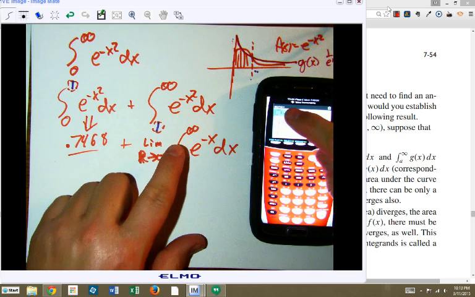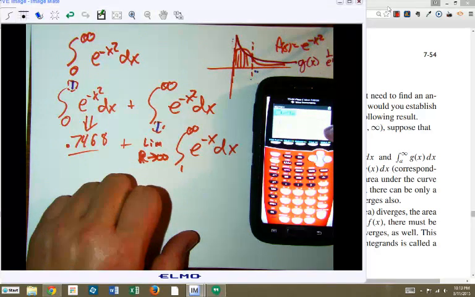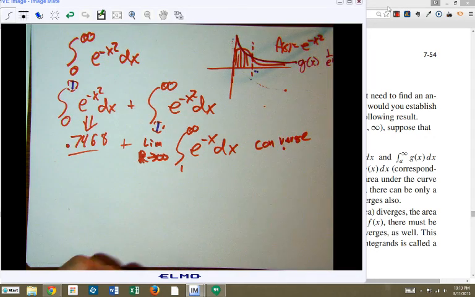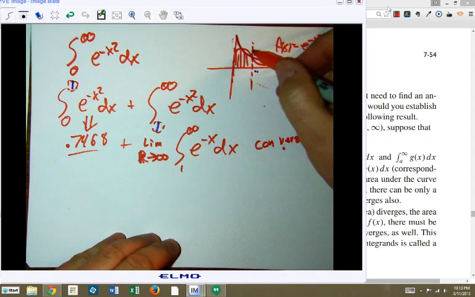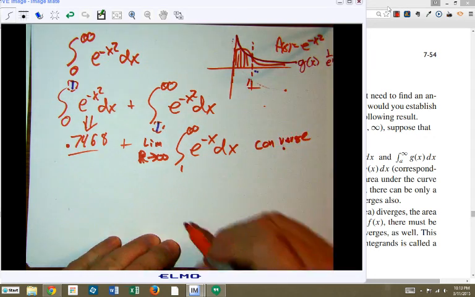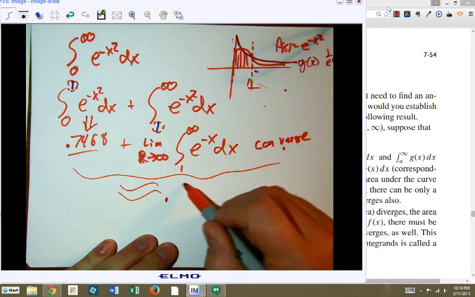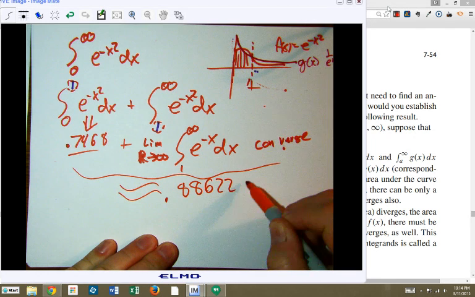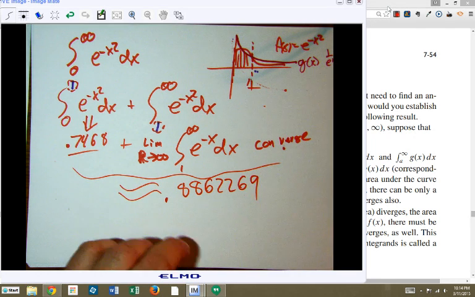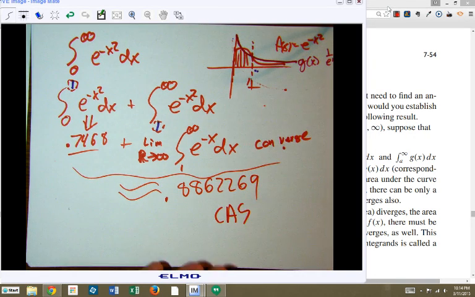I went from 0 just to 10, and it also was 0.88622269. And so by simply integrating, since this is at 1, you can see it gets very small very fast. By integrating, this whole thing should be approximately 0.88622269.